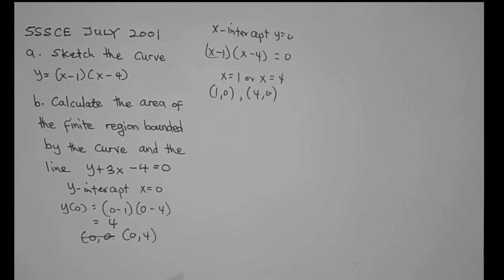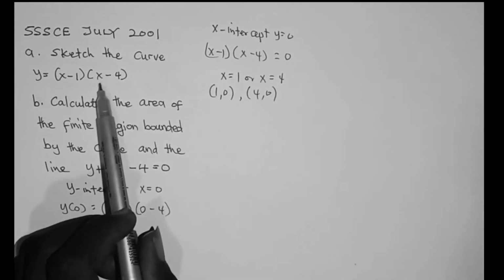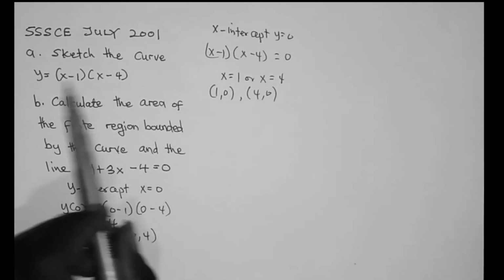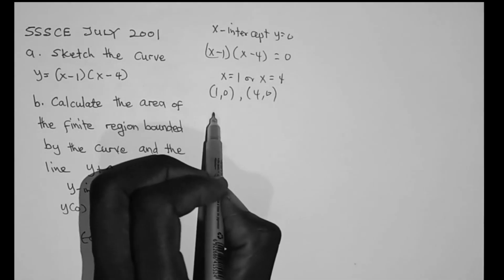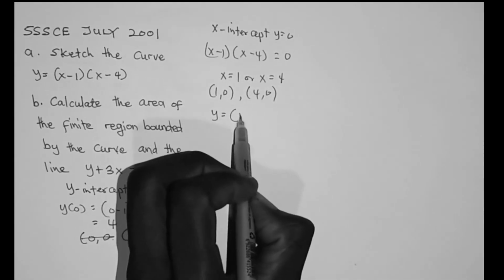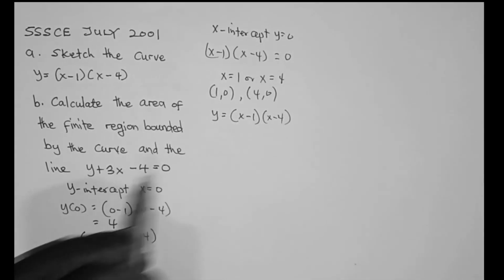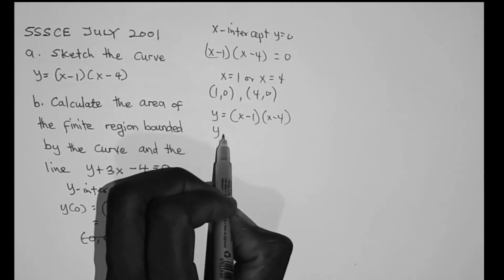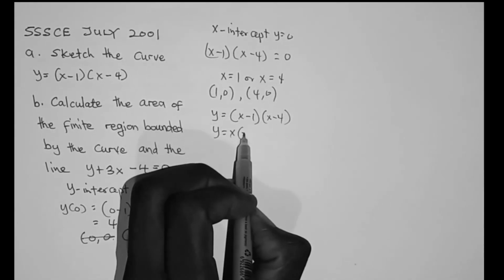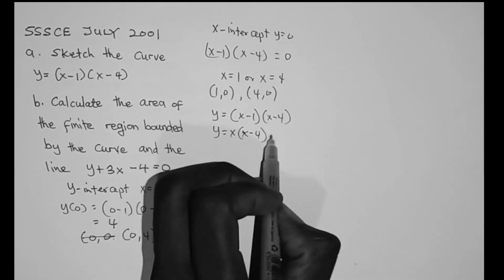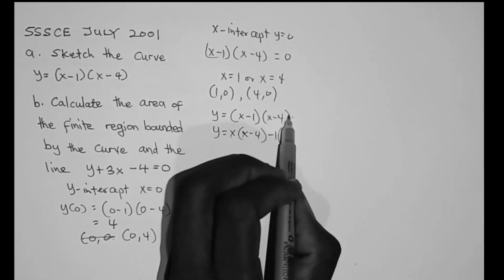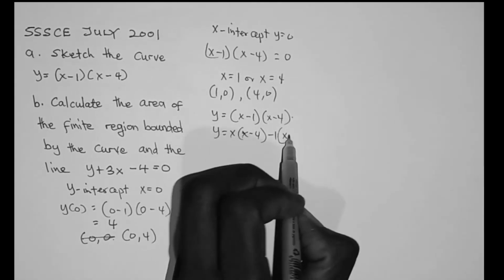The next thing we will do is to expand the bracket. So y is equal to (x minus 1) times (x minus 4). Let's distribute: x times (x minus 4) minus 1 times (x minus 4).